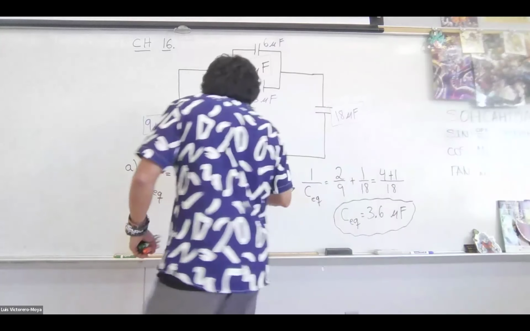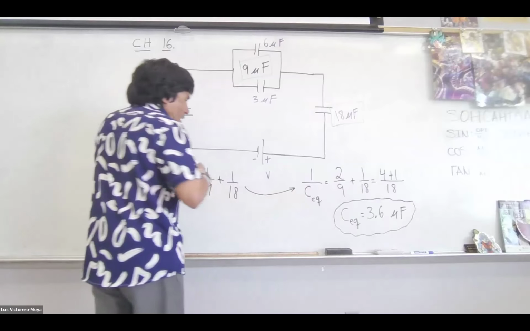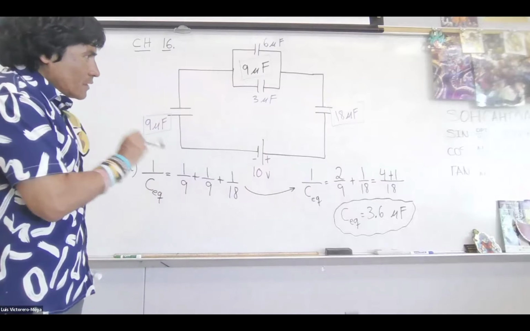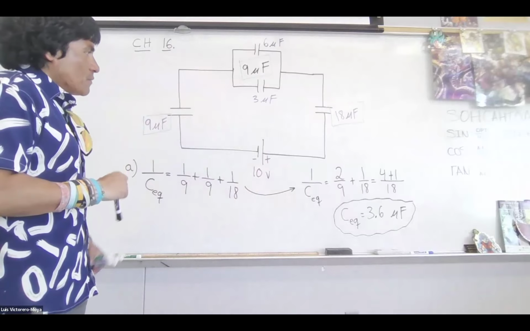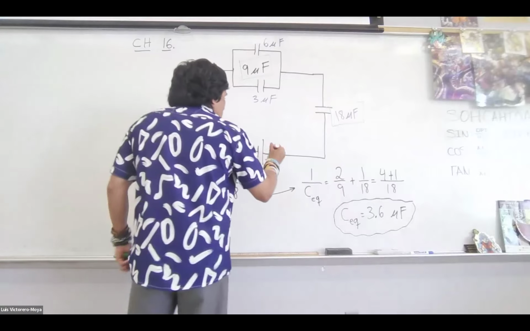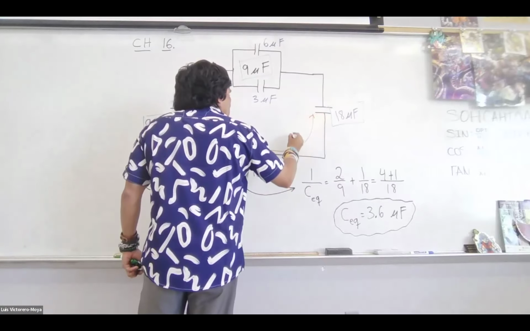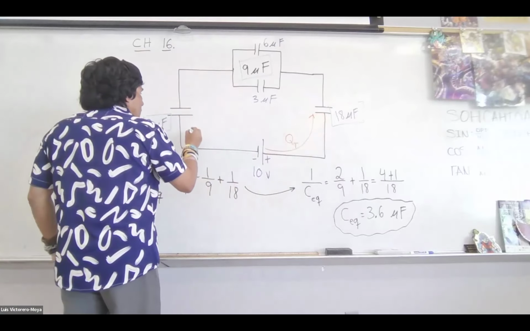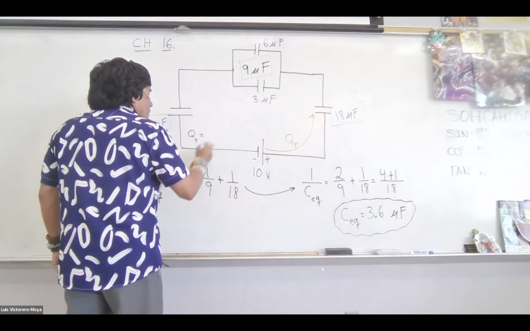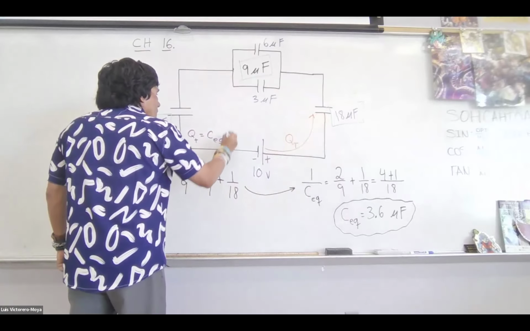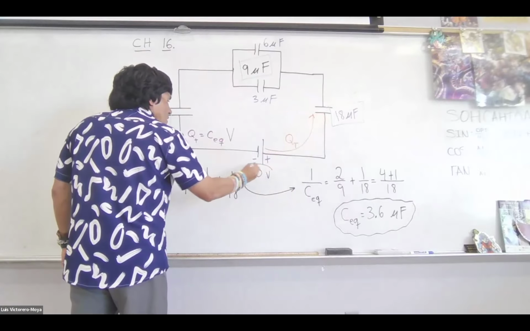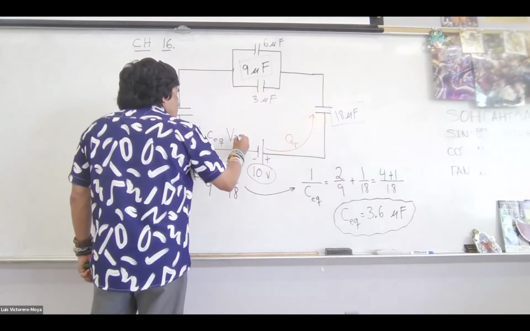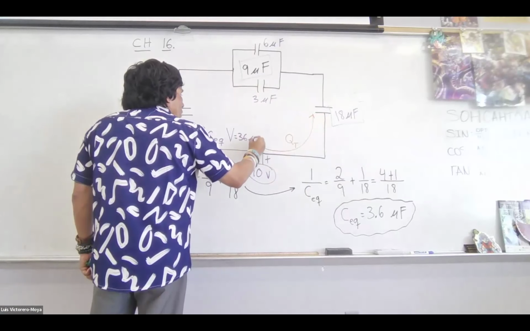Let's make this 10 volts. All right, I want to have easy numbers as well sometimes. Why do I do that? Because now I want to find the total charge of the circuit. Q total is C equivalent times the total voltage, which is 3.6 times 10, 36 microcoulombs.